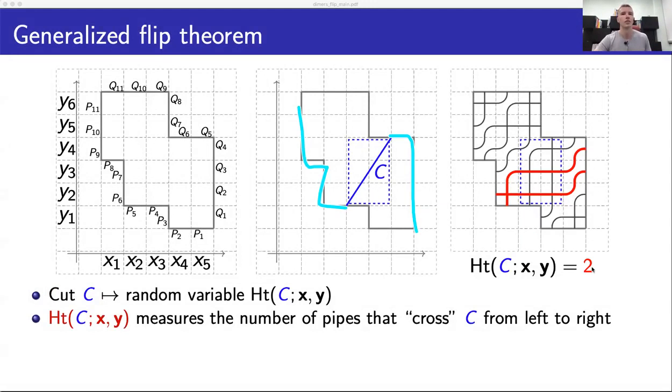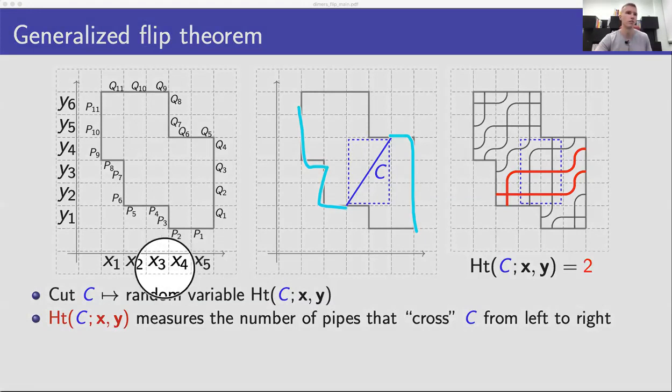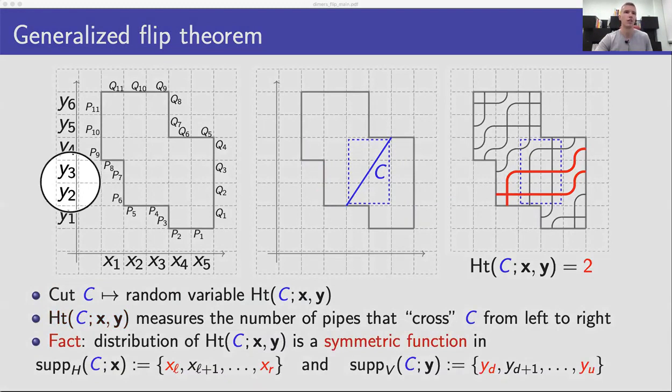And so it has some distribution which a priori depends on all these x's and y's. But then one curious fact is that it actually depends not on all of these variables, but only on a subset of the x's and a subset of the y's. And moreover, it depends on them in a symmetric way.